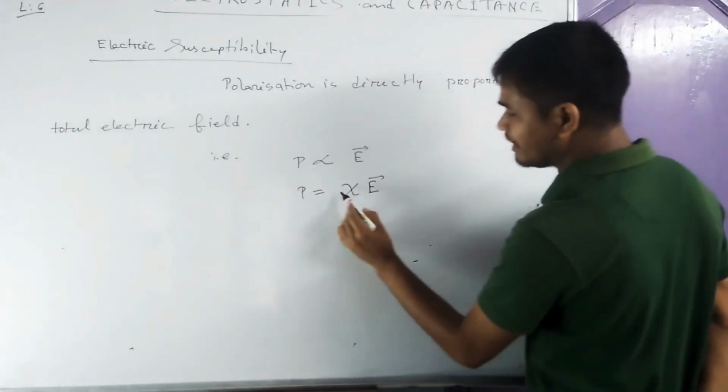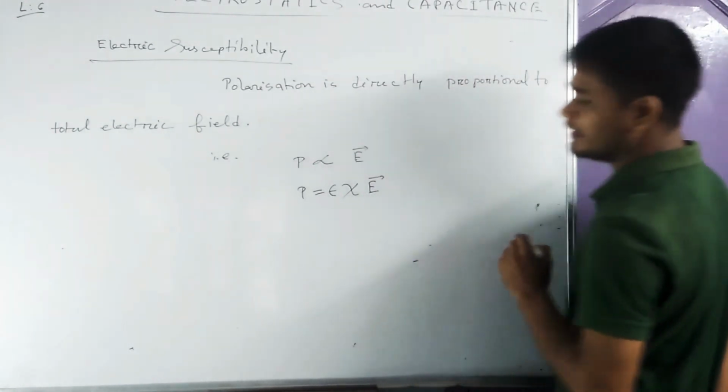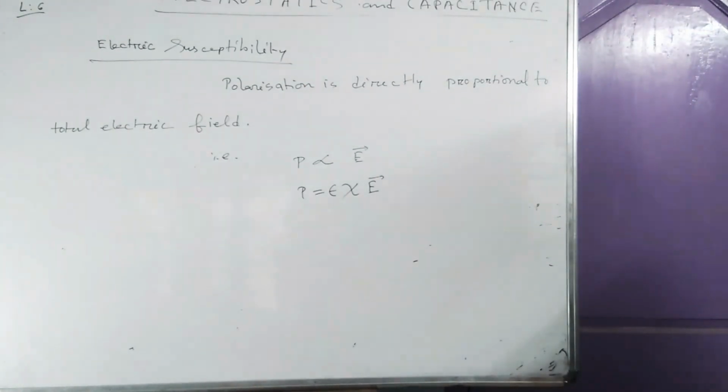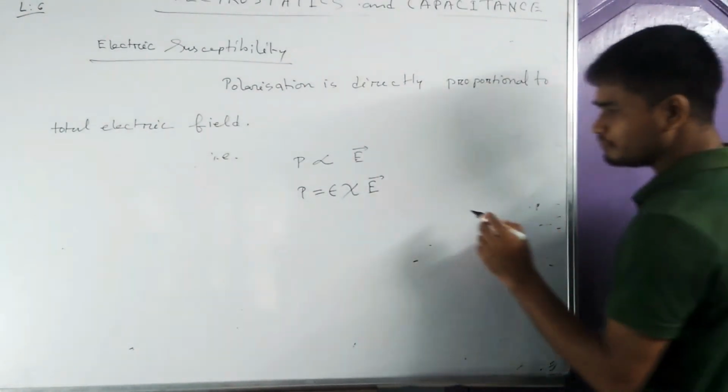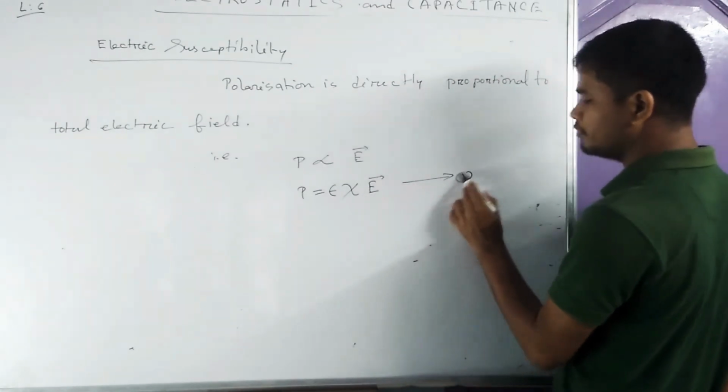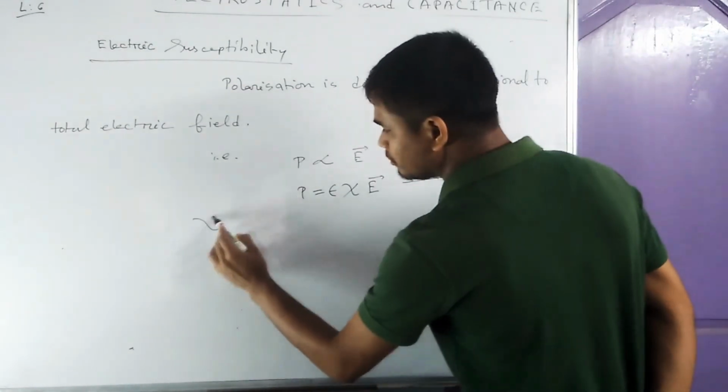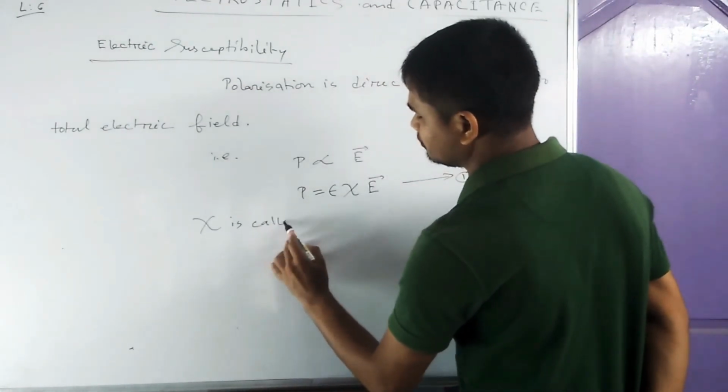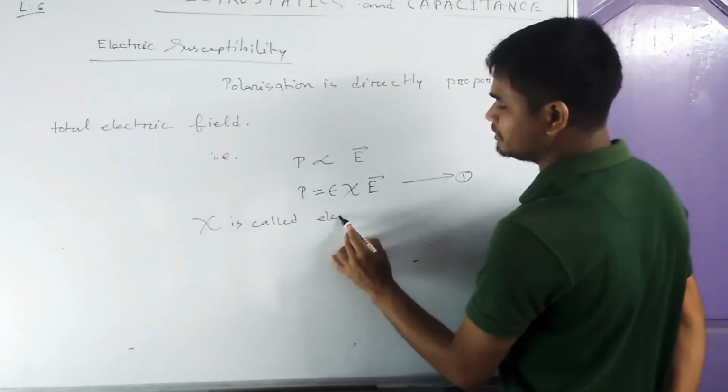To make this chi dimensionless, we use epsilon here. This is polarization. Chi is called electric susceptibility.